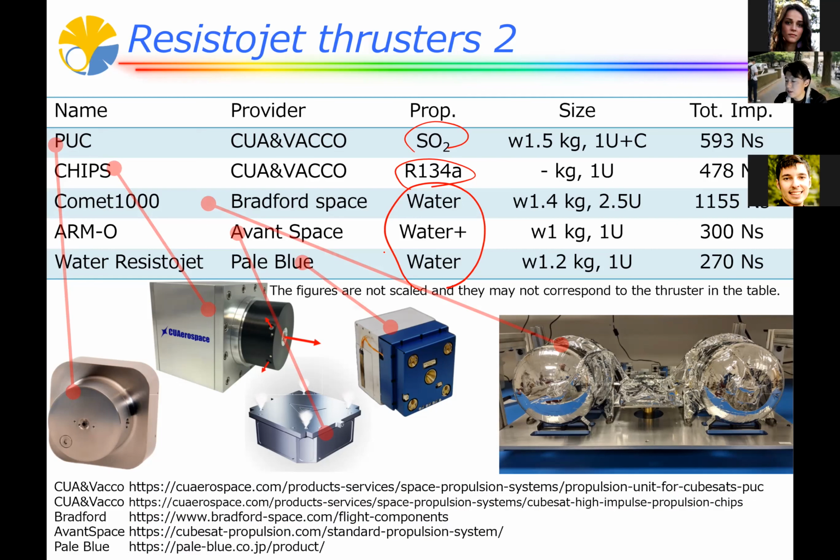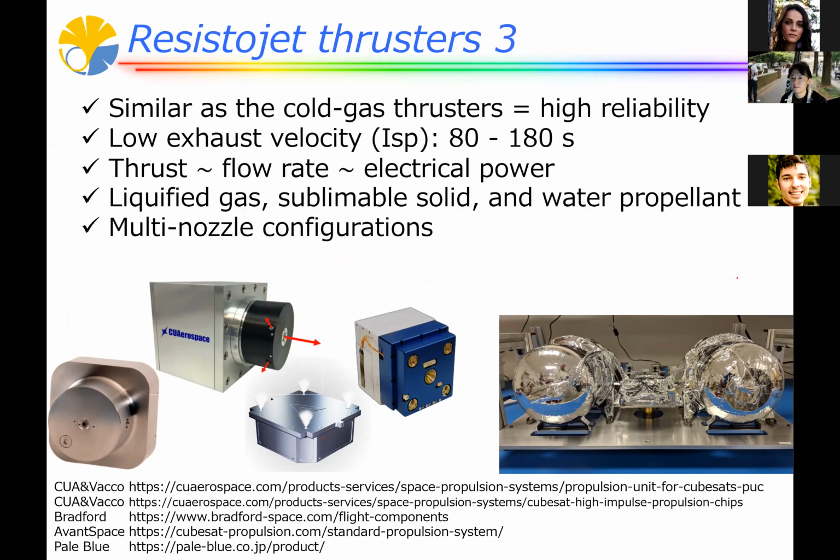And here all of the components are CubeSat compatible, and the total impulse ranges from 100 to 1000 newton-seconds. So if you want higher impulse, higher specific impulse than cold gas, the resistojet becomes a candidate. But you have to prepare this electrical power.